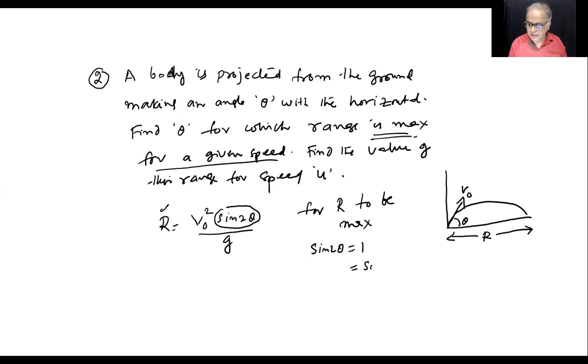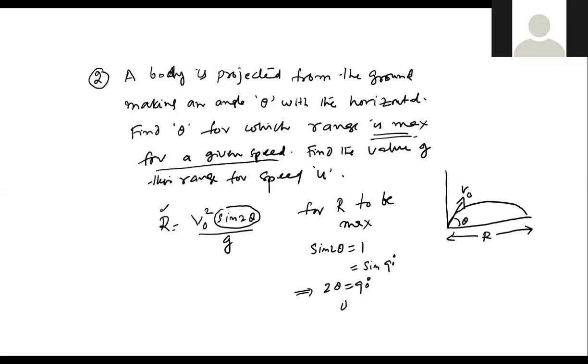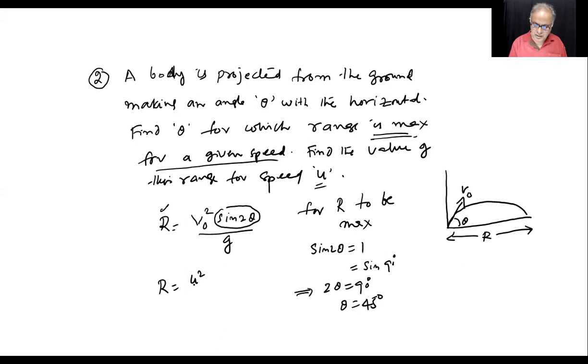That is sine 90 degrees. So it implies 2 theta should equal 90, theta should be 45, right? And therefore R equals, for given speed u, u square by g times sine 2 theta, which is 1. This is R max.